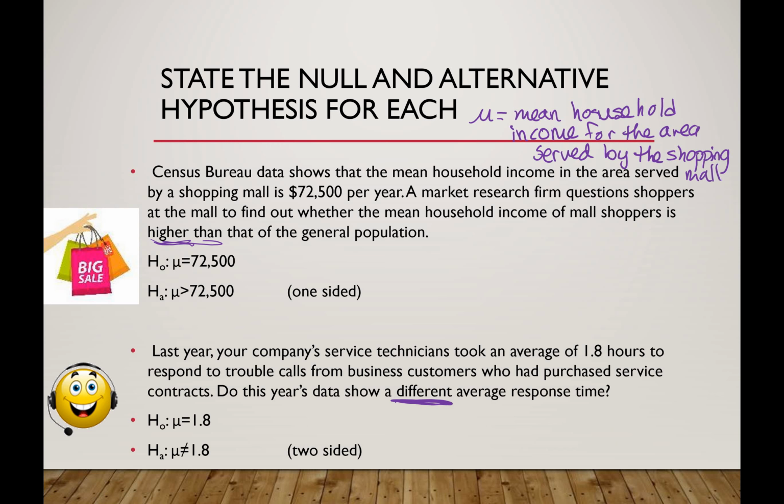So just like with confidence intervals where we had to define the parameter, same thing here. You need to define what your parameter is so you know what mu is representing when we're using the symbols.